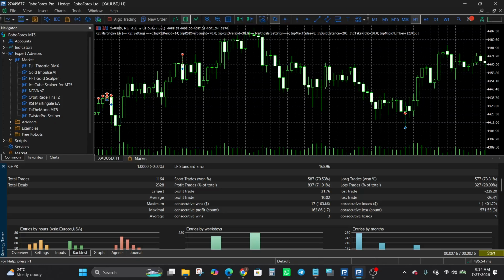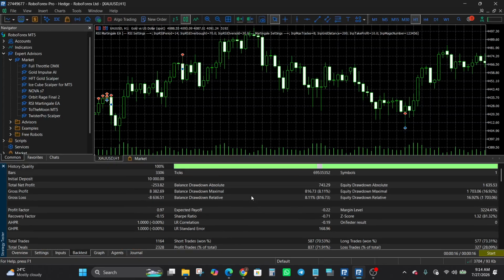All right, so to wrap up, based on the available information, RSI Martingale's historical testing shows exactly the pattern that you'd expect from a grid and martingale based approach. Frequent small wins offset by occasional much larger losses, netting out close to even over this particular period.